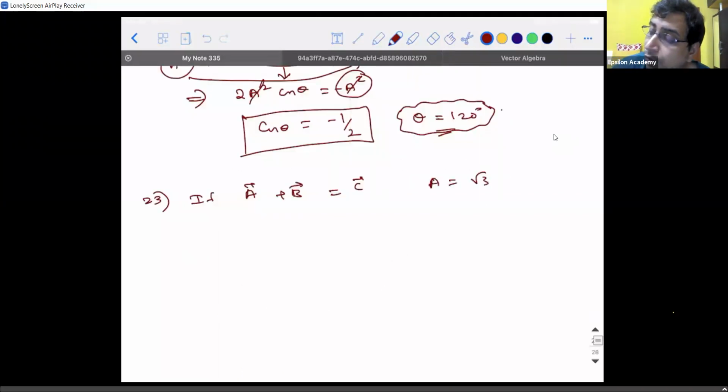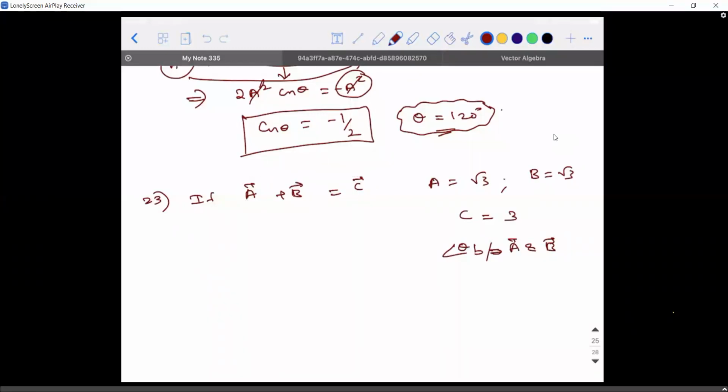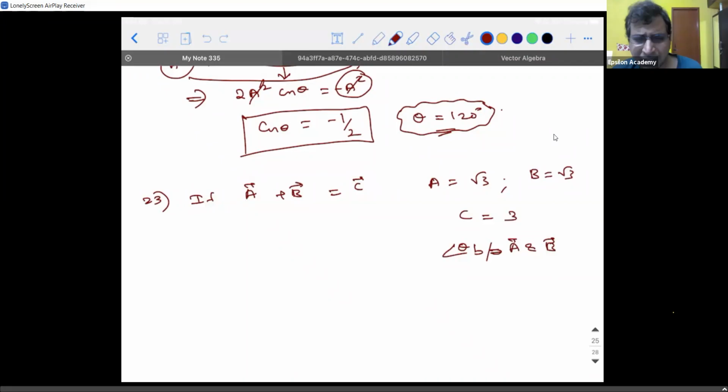So magnitude of A is root 3, magnitude of B is root 3, the magnitude of C is 3. Then we need to find the angle between A vector and B vector. So what is this, guys? Triangle law of parallelogram. It's nothing but basic triangle law of addition.